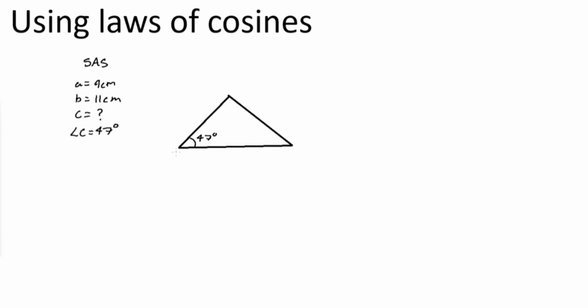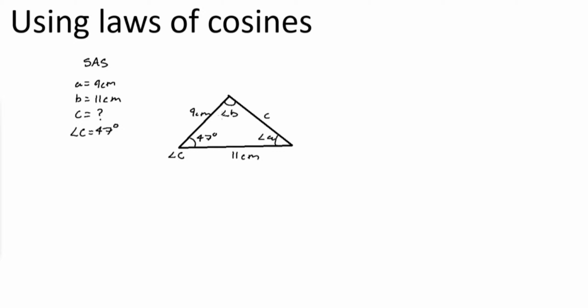And then this is side C. This is angle A, and this is angle B. And we know this is side B, and we know side B is 11 centimeters. And we know side A here is 9 centimeters.